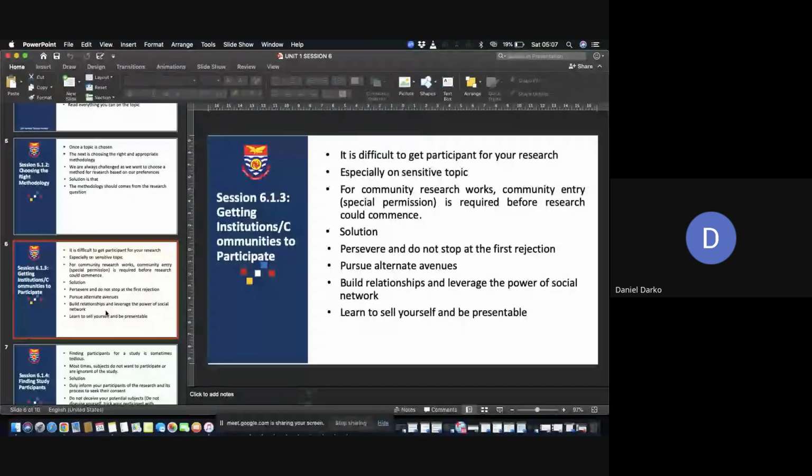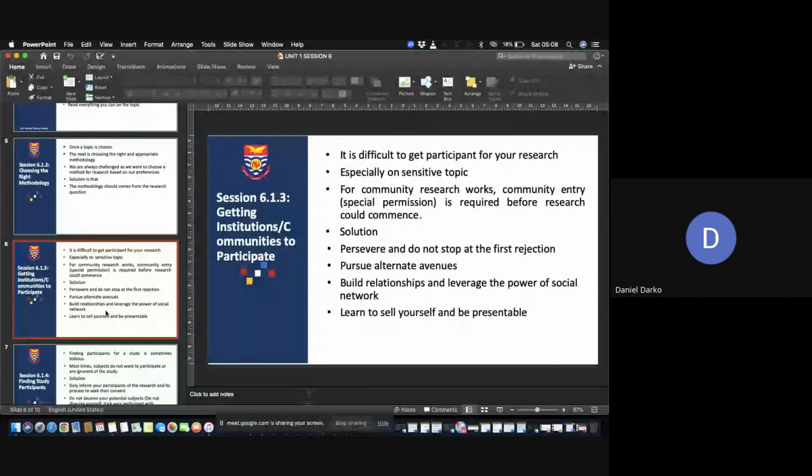Now, another problem or challenge is getting institutions or communities to participate. In current time, there is research fatigue. People are not interested in research anymore.